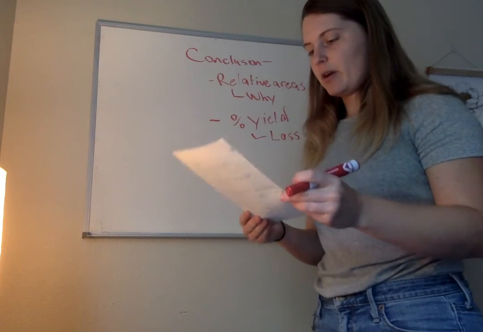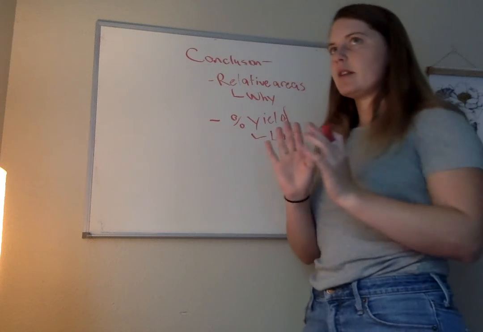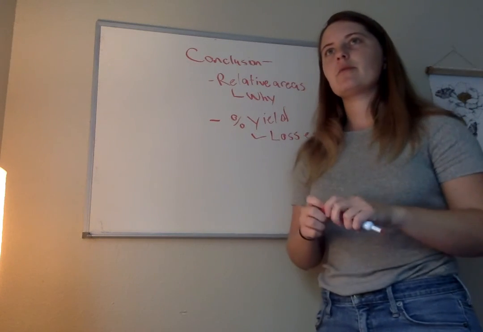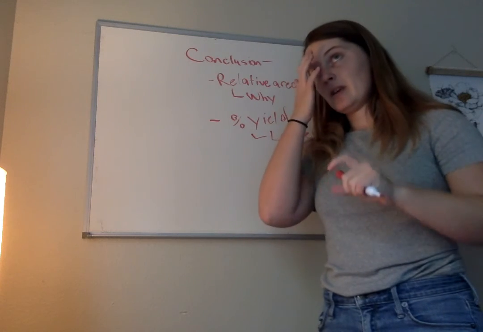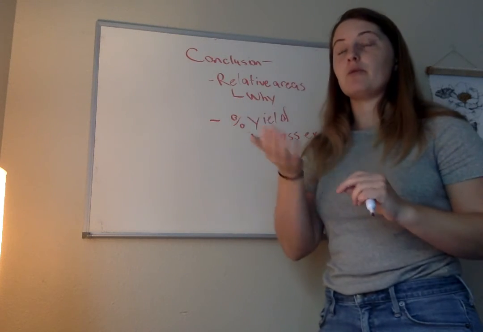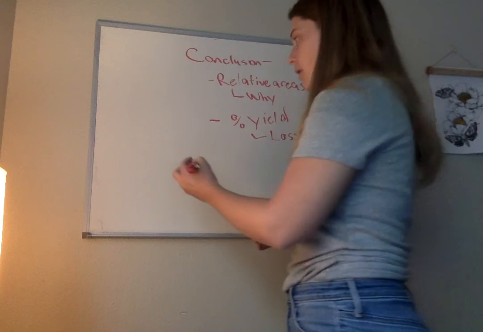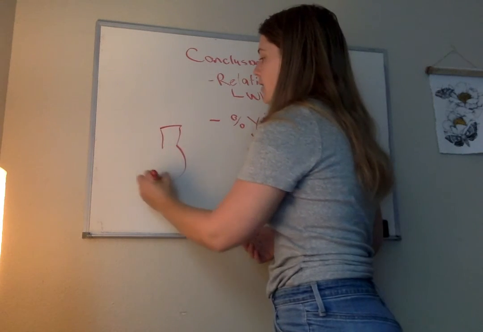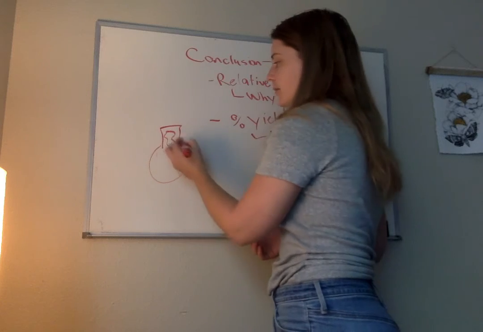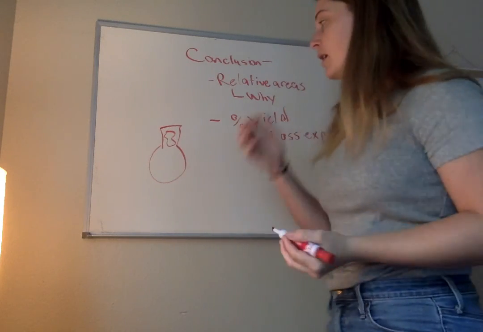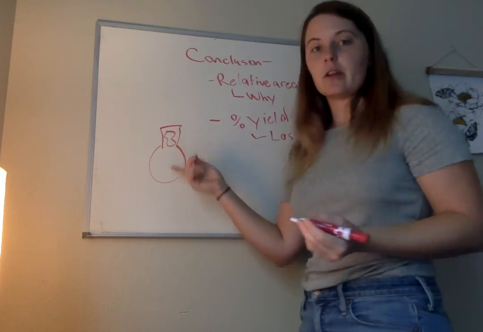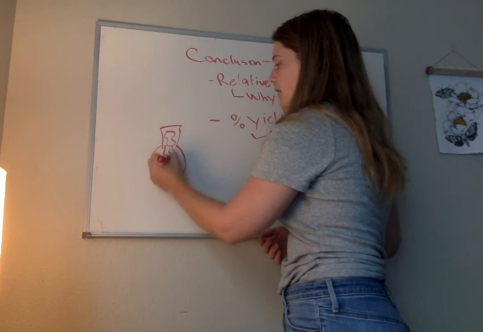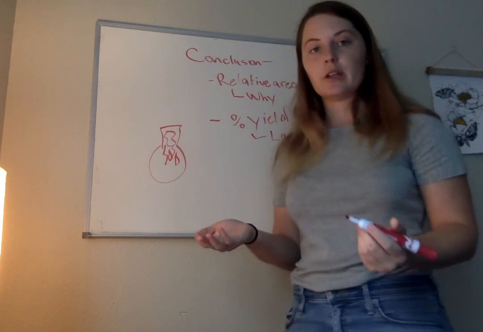On the final questions, there are two kind of challenging ones. The first one is talking about the wool that you're going to put in the flask. It's supposed to act as a fractionating column. This is the wool right here. The way it works is it allows liquid to come up and then recondense back down, just like a regular fractionating column.